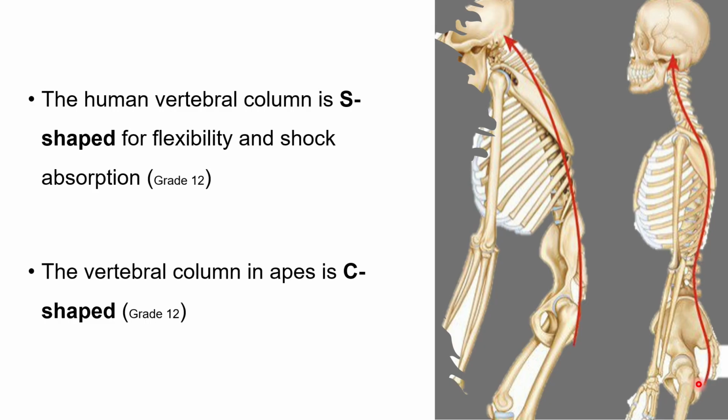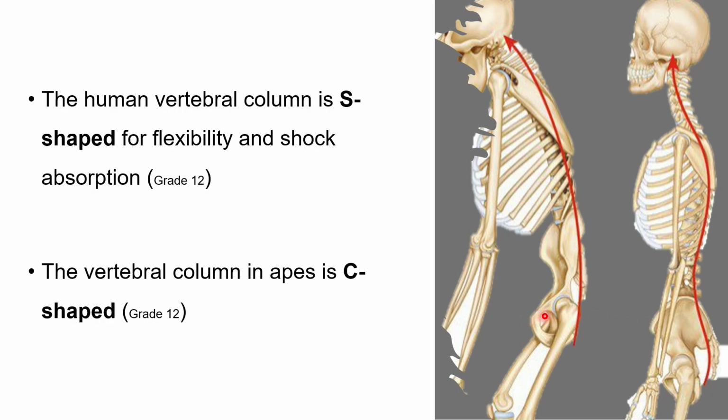The reason is shock absorption and flexibility. I want to focus here on the picture again. Remember that opening that you've got here, the foramen magnum. You can see that the skull rests on this vertebral column, and then we've got this S shape which allows us balance so that we can be bipedal.